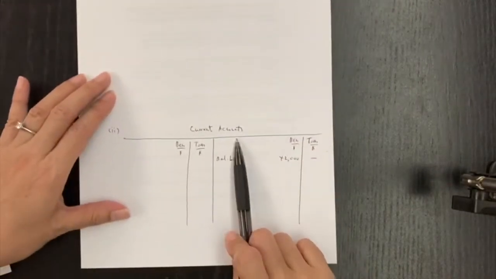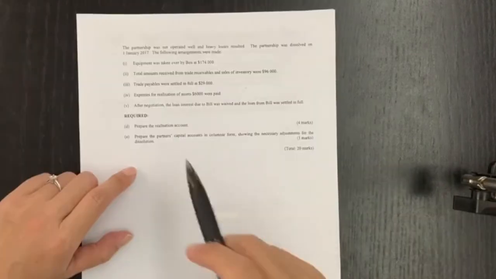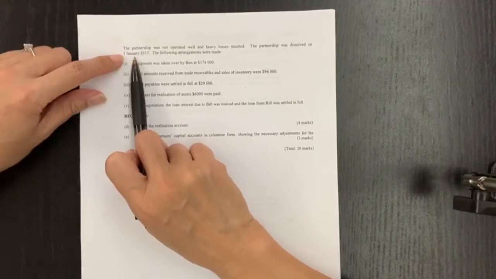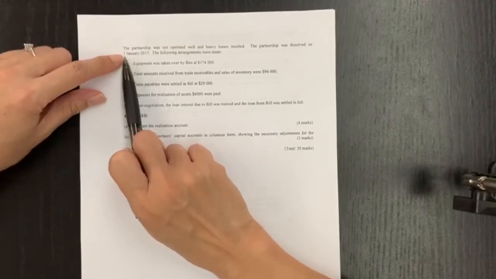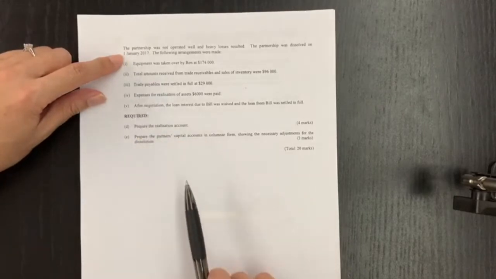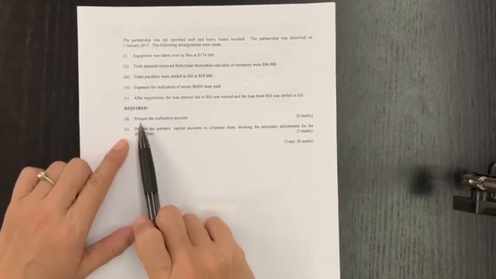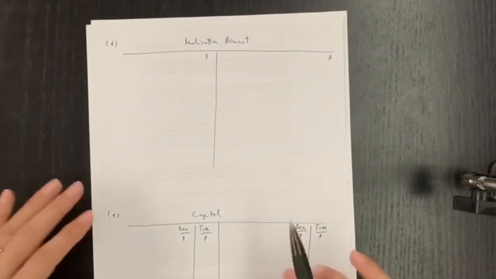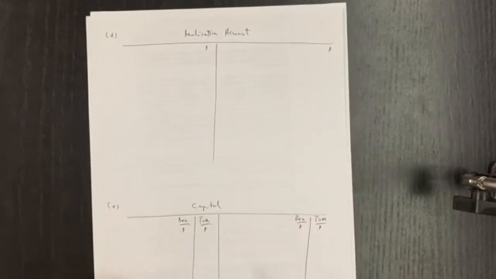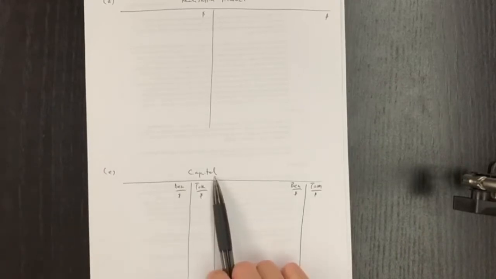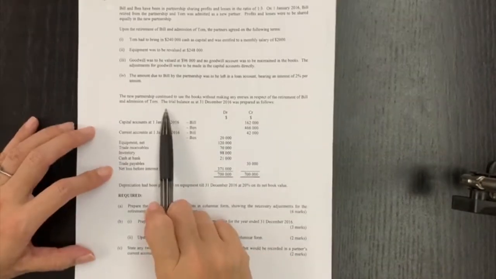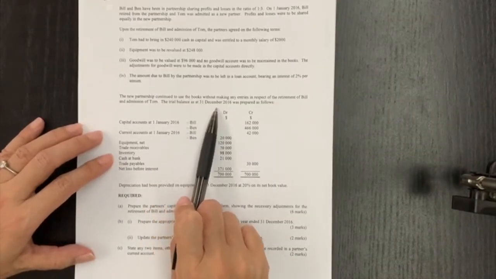The final thing in this question: on the next day, 1st January, there is dissolution of partnership, so we have to prepare the realization account and also draw up capital accounts for dissolution of the partnership. This is the trial balance as at 31st December given to us.